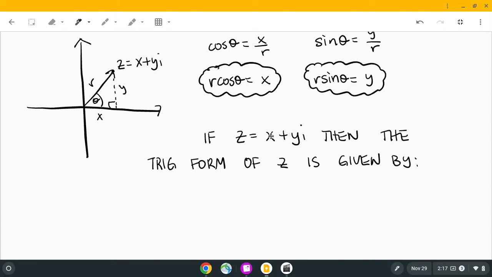So if this is our standard form, then the trig form of this complex number would be to replace the x and y with these trig expressions over here. So instead of x, I'm going to use r cosine theta, and instead of y, I'm going to use r sine theta.